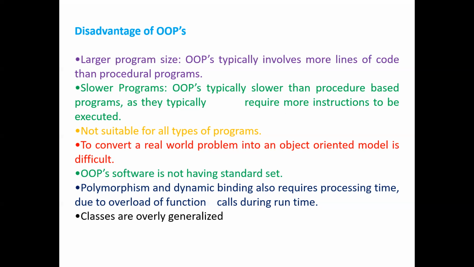Why is the execution of object-oriented programming slow? Because polymorphism and dynamic binding also require processing time. To process them, we need time. That's why the execution will be slow due to overloading of function calls during runtime. Again, this is related to slower program execution.